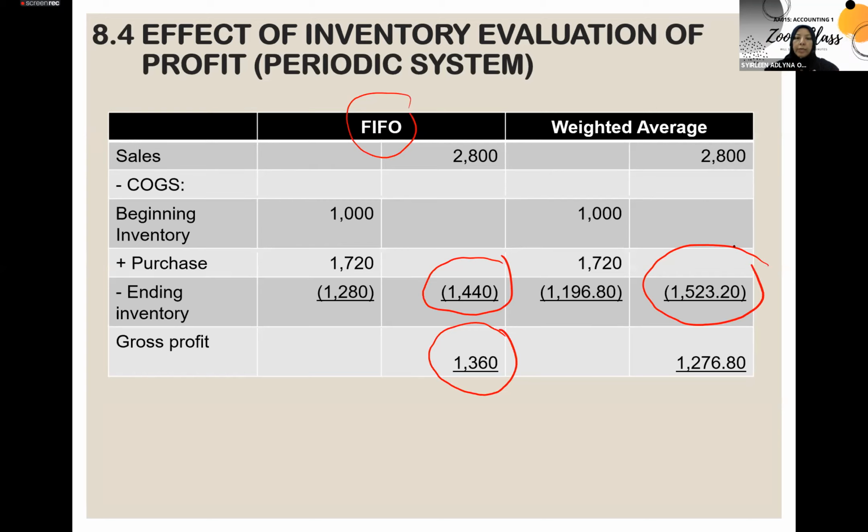So kalau kata dia RM10 pun harga beli, tapi sebab dia dah ambil harga purata, so nilai dia tak mencerminkan the actual situation lah. So that's why you tengok dia punya COGS lebih tinggi. So bila COGS dia lebih tinggi, efek dia ialah pada gross. Okay, bila you guna weighted average, gross you lebih rendah berbanding FIFO.